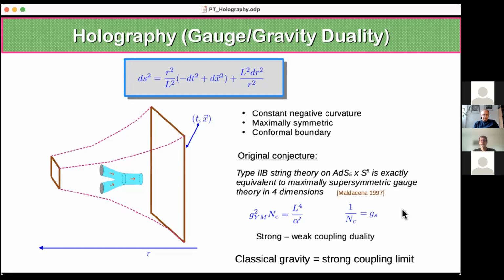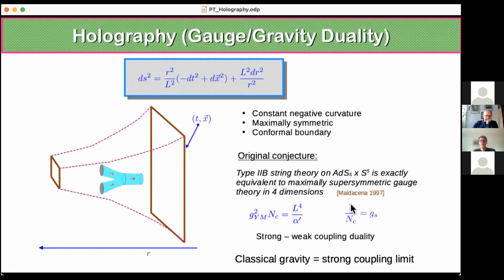that it's a strong weak coupling duality. That means these are exactly the same theories, just in a different language. And when the theory, from the field theory point of view, is at very, very strong coupling, very strong 't Hooft coupling, so this product being very, very large, then this is very, very small. And then the string theory is a good description.